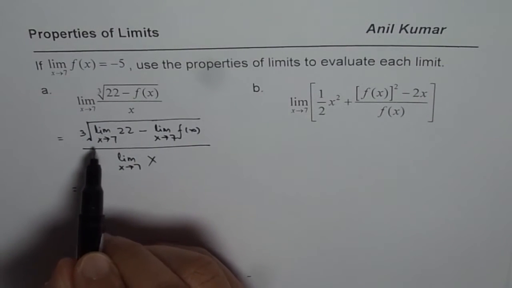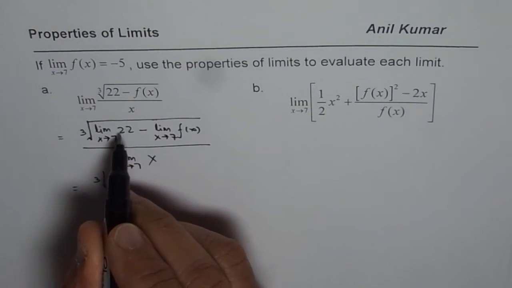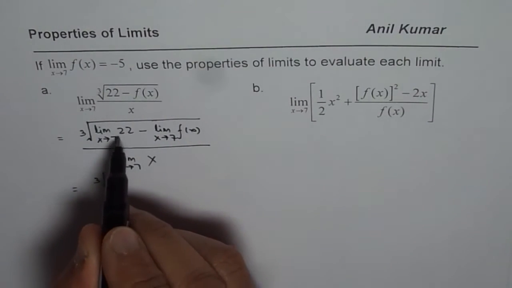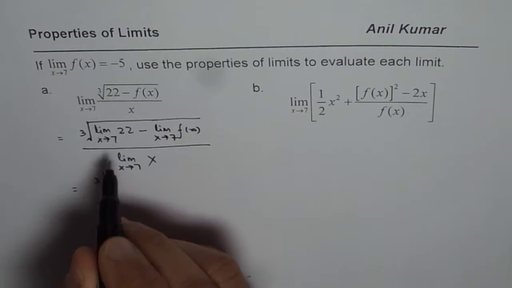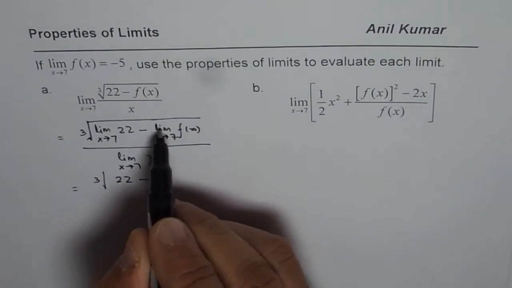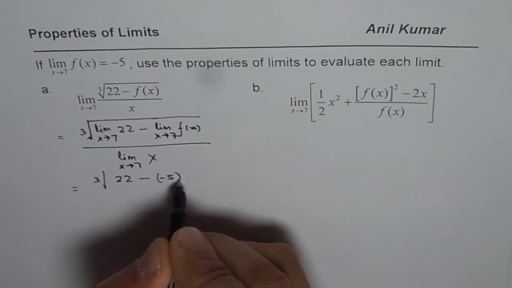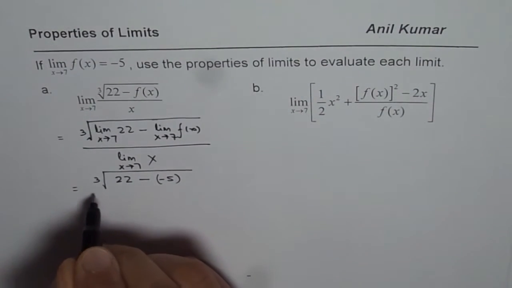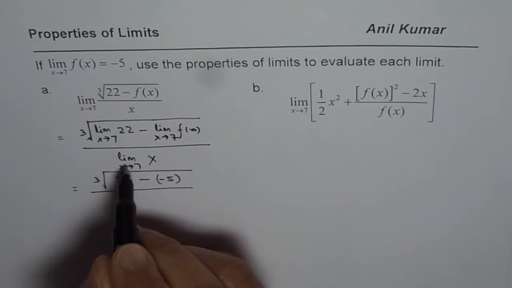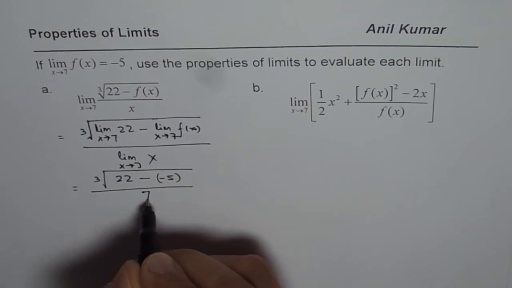Now we know the limit of the function is minus 5. Okay, now within the cube root, limit for 22, which is a constant, so the limit for constant will be the constant itself, so that is going to be 22, minus limit of the function we are given as minus 5, so let me write that in brackets, minus 5, cube root of all this, divided by limit of x when x approaches 7, we'll substitute 7 here and we get 7.